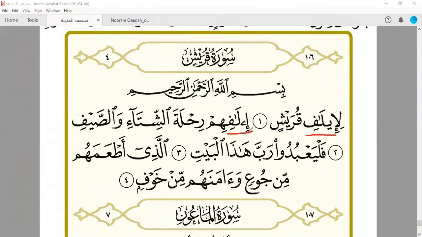And you can see here hamza kasra followed by a small ya. Ilafi. Same word, but this ya is a normal ya and this ya is a small ya. So we understand that a small ya replaces a normal ya in some cases, but it's the same thing. It's read the same way. Ilafi. Okay, same way. So there's no difference in that.